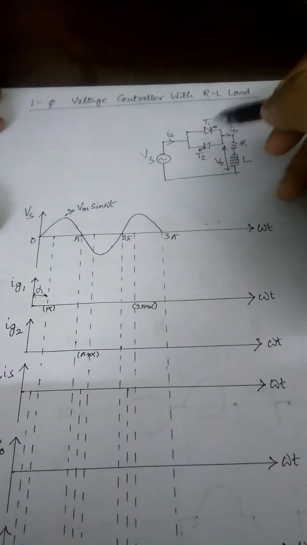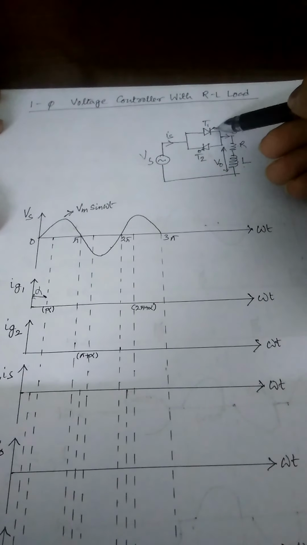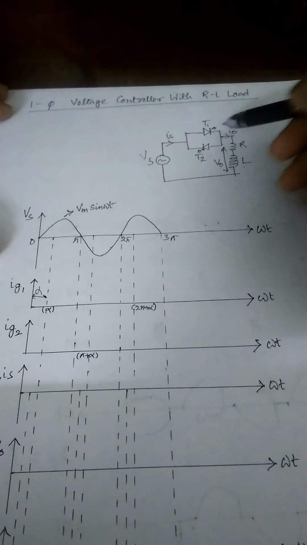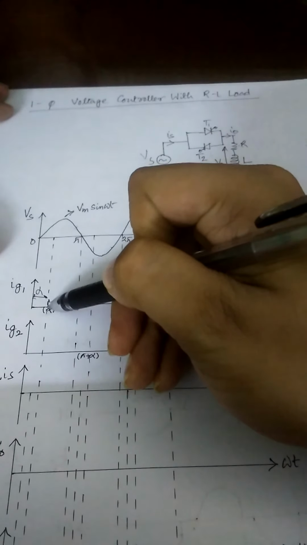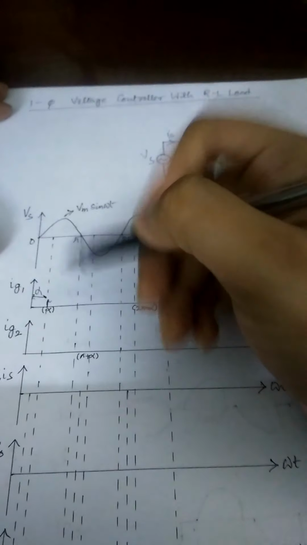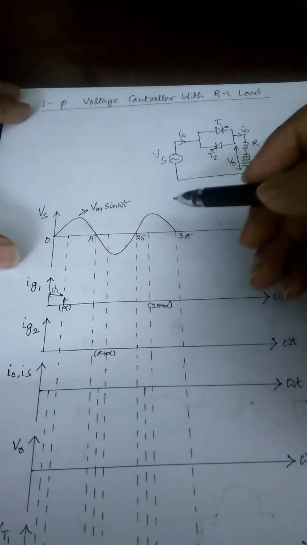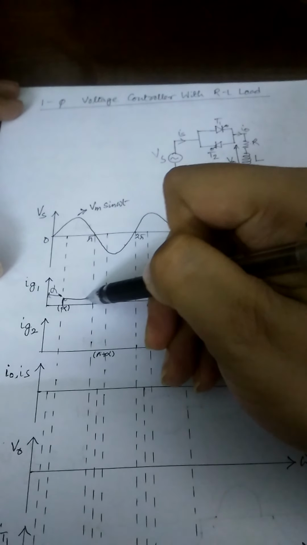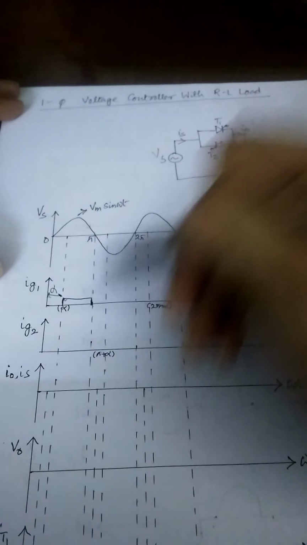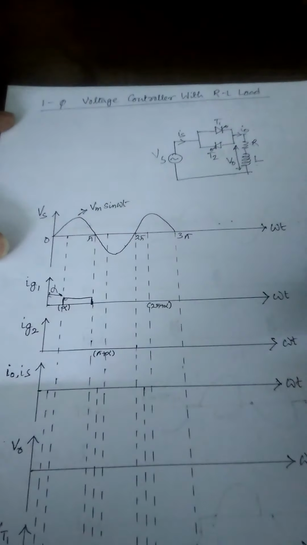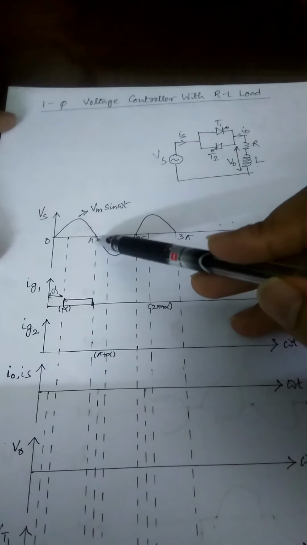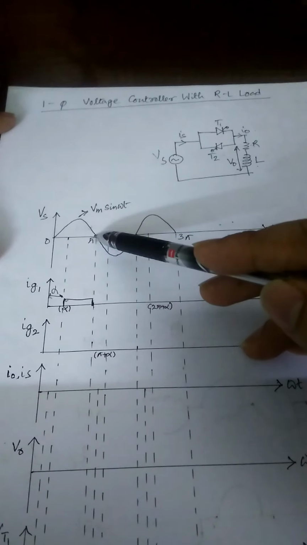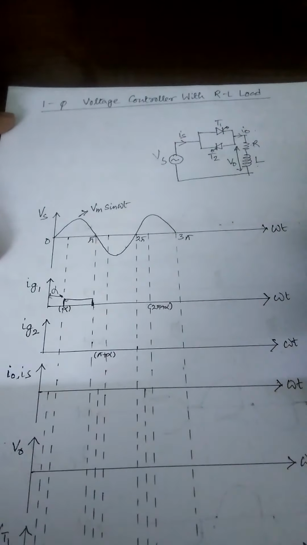This Ig1, the gate current for thyristor T1, we can get from here, as this is the firing angle alpha. What will be the nature of Ig1? You can see that, it is like this up to the pi point. At the pi point, the supply voltage comes to zero.